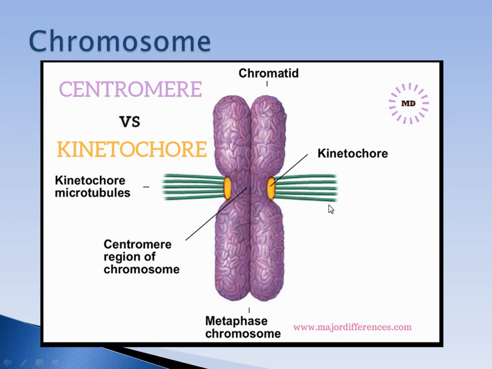These red filaments are representing the microtubules of the mitotic apparatus. And these microtubules then help in the separation of these two chromatids so that each chromatid moves to one cell and the other to the other cell.